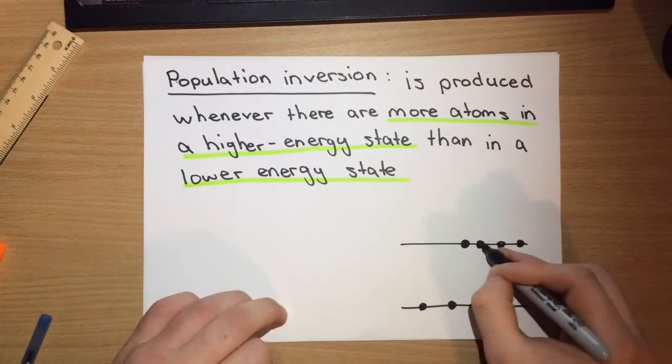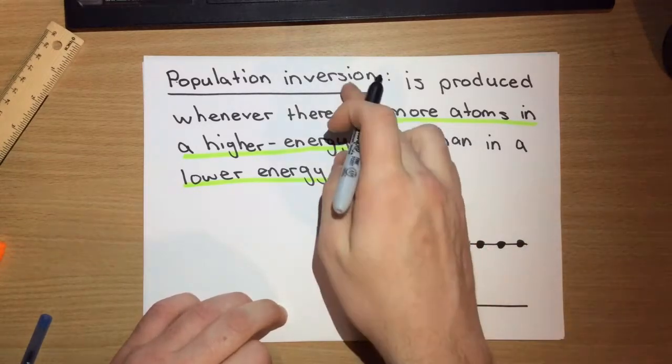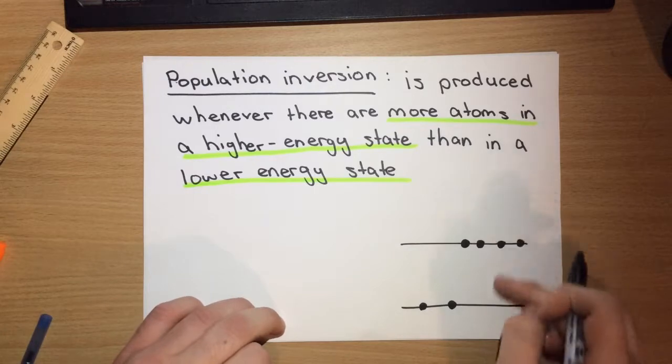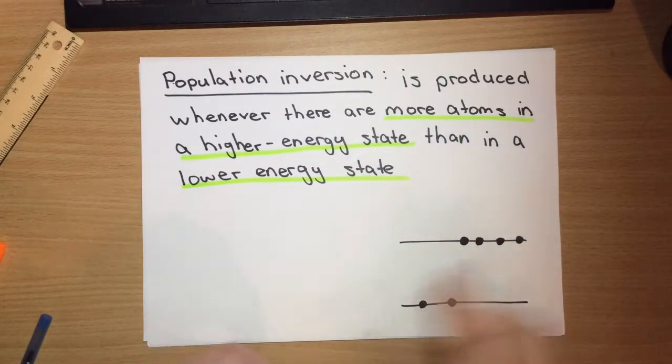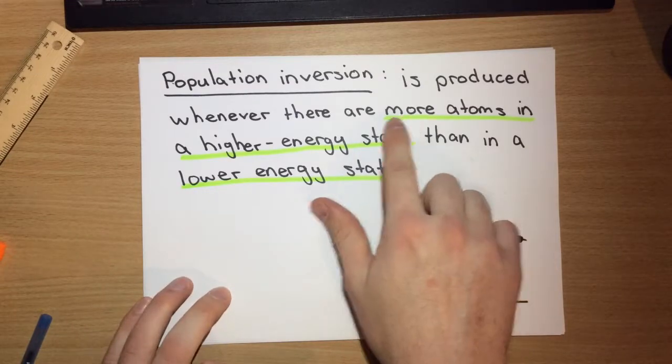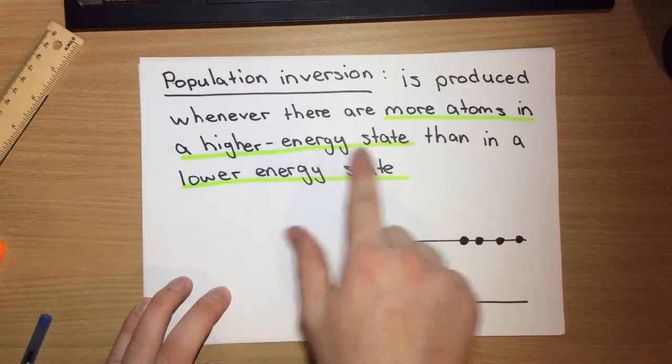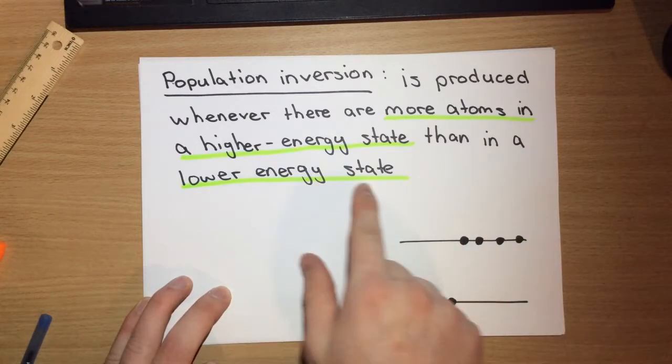This isn't normal, and that's why it's called a population inversion, because most of them are up. So what we need is the majority of our electrons to be in this higher energy state.